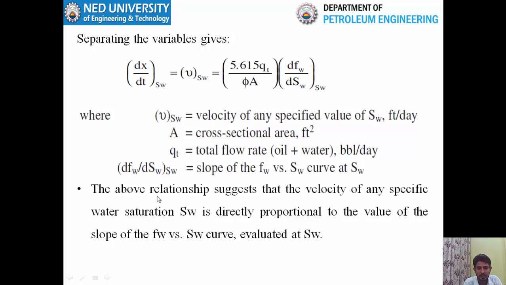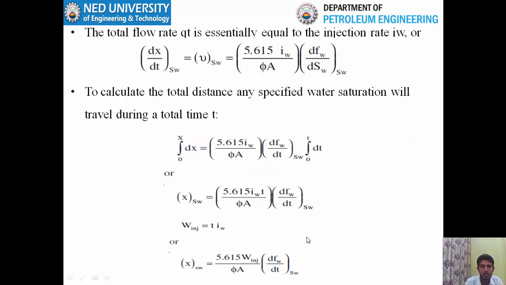The above relation suggests that the velocity of any specific water saturation Sw is directly proportional to the value of the slope of Fw versus Sw curve evaluated at Sw. The total flow rate Qt is essentially equal to the injection rate Iw, and through this equation we can calculate the velocity, where Qt has been replaced with Iw.